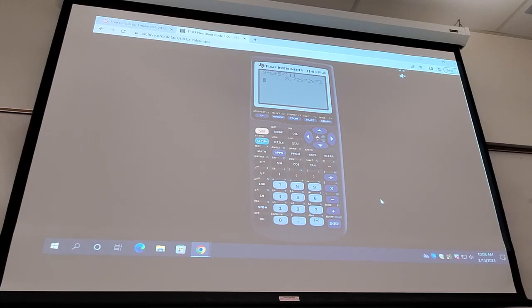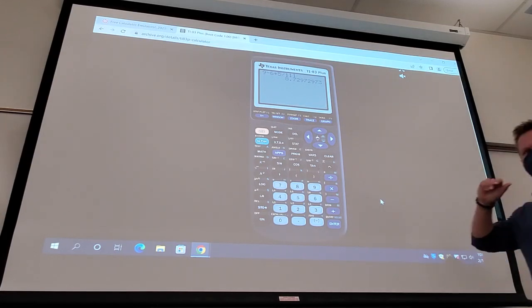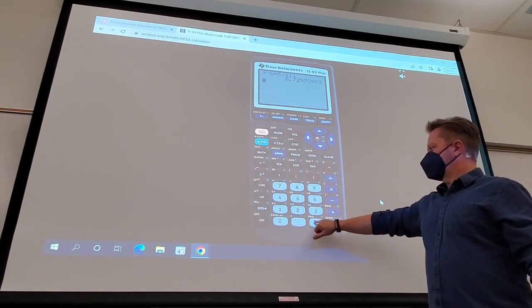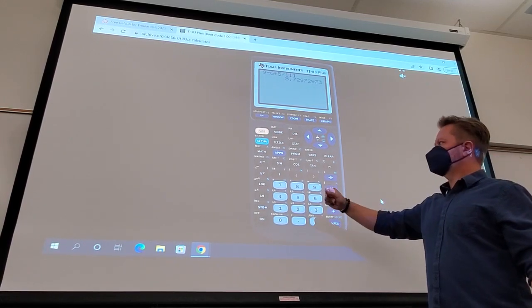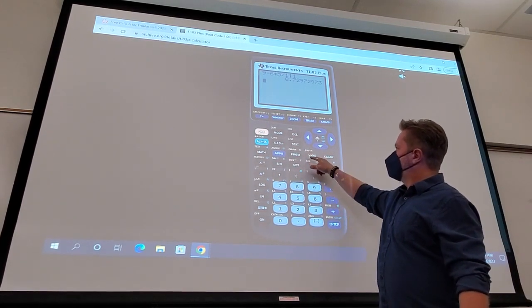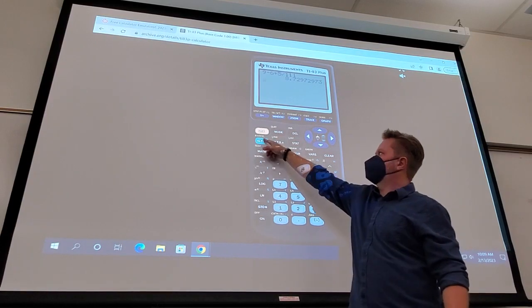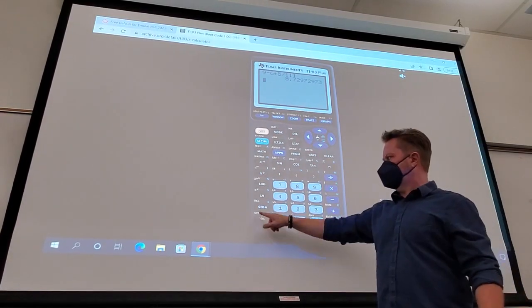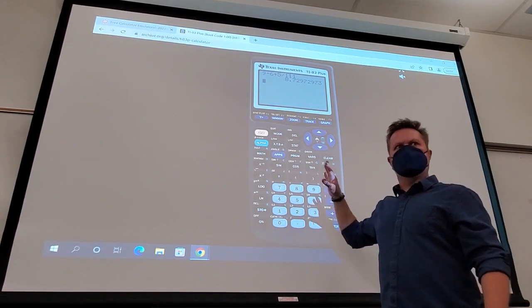So, for example, a couple of really cool things. One thing is this button right there. Answer. That's temporary memory. All these letters can be used as memory. If you hit alpha and then one of these buttons, the corresponding letter will show up, and you can store a number in that letter.